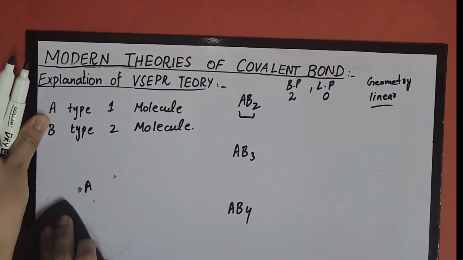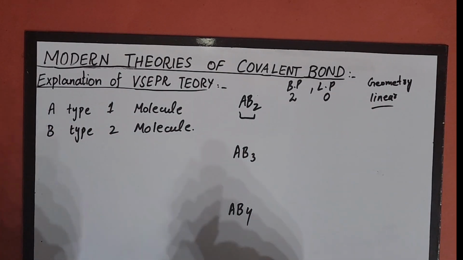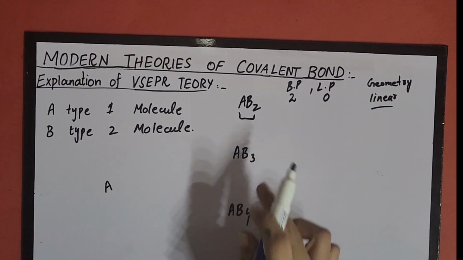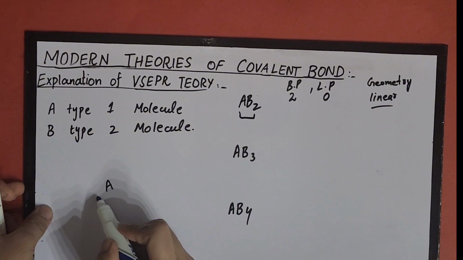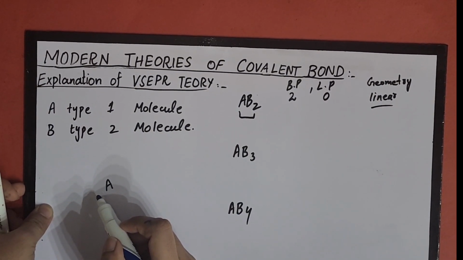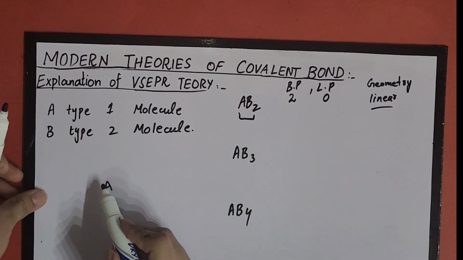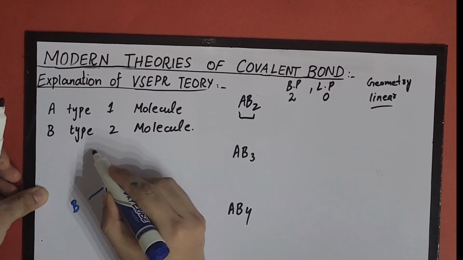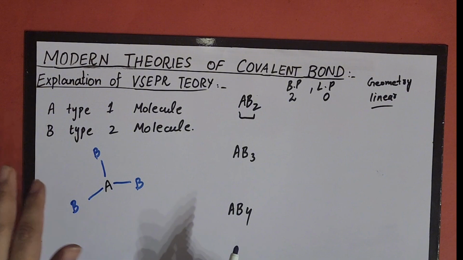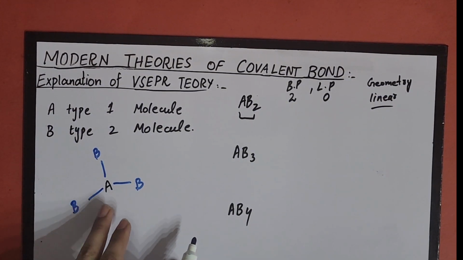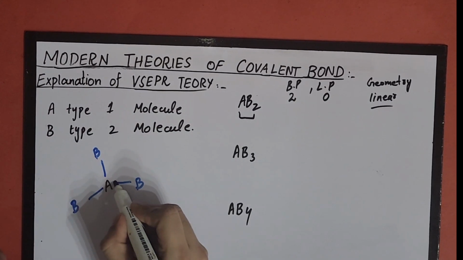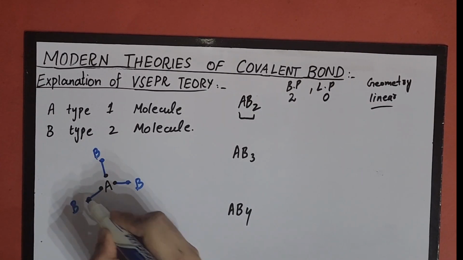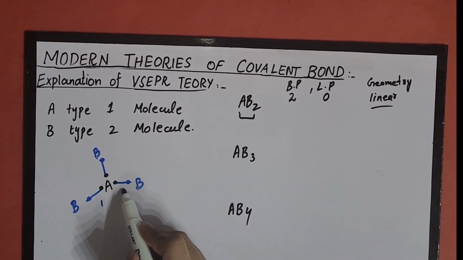So if there are 3 B molecules attached with A, first A, and there are 3 molecules of B, so it could be like B, B and B, because if it has three molecules bonded with the A element, there are three bond pairs, because first pair, second pair, and third pair.